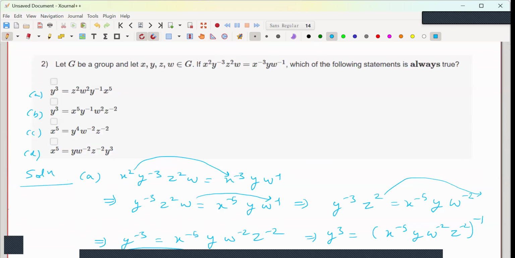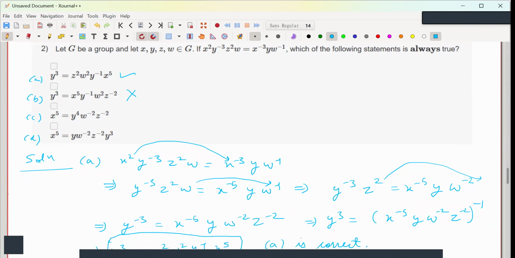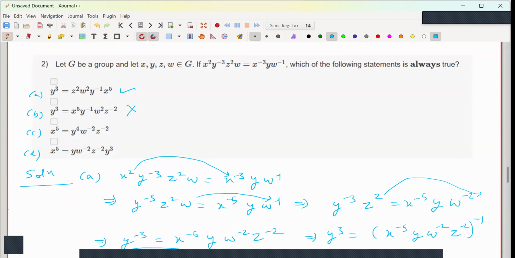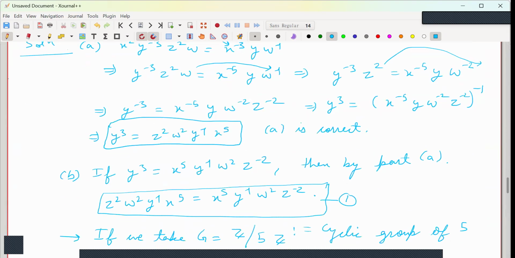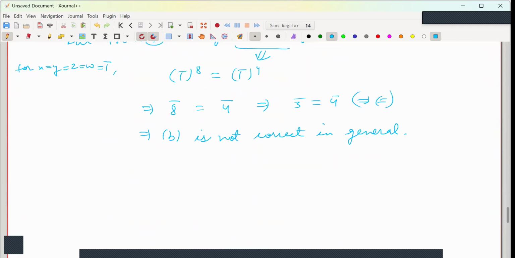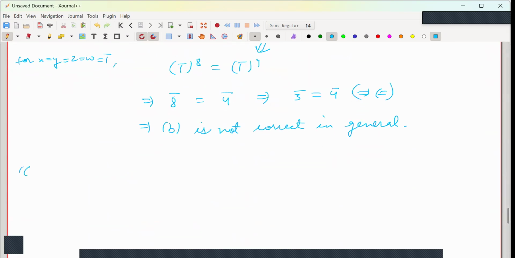Okay. So first is correct, but second is not. And similarly, I think you can do the other two parts. So I'm just quickly writing the solution.